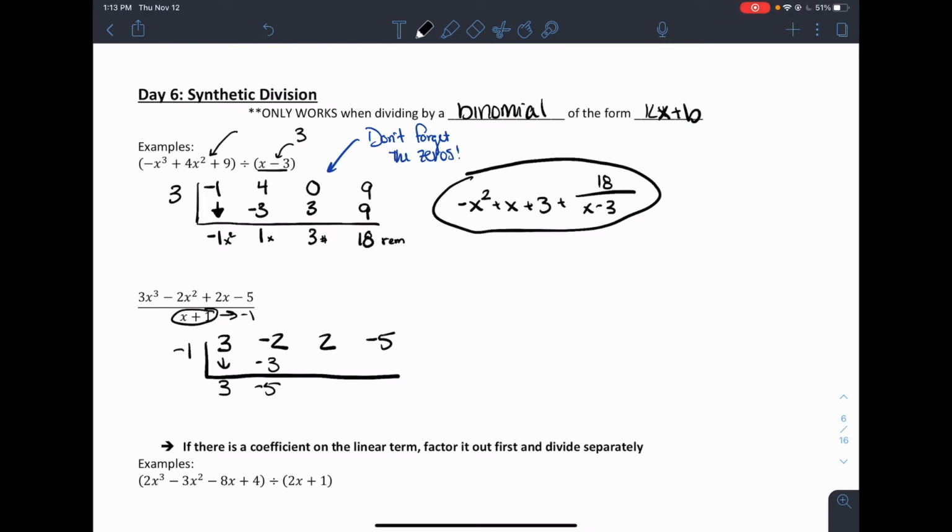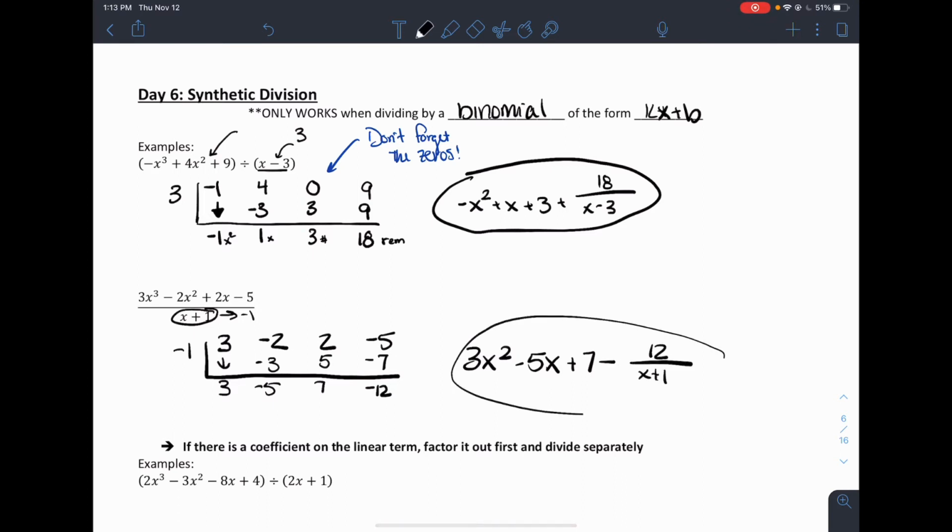Negative 1 times negative 5 is positive 5. 2 plus 5 is 7. Negative 1 times 7 is negative 7. Negative 5 plus negative 7 is negative 12. Therefore, my answer is 3x squared minus 5x plus 7 minus 12 over x plus 1.